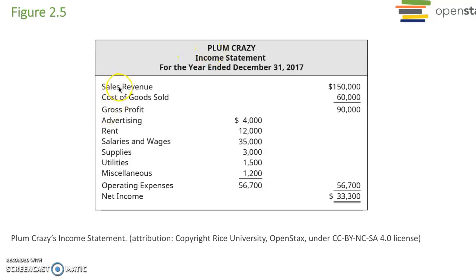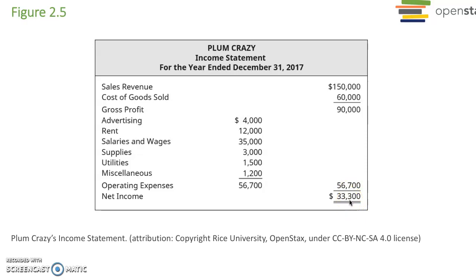Again, we start with sales revenue and then reduce it by cost of goods sold. And the difference between 150K and 60K is called gross profit. The other name for gross profit that is used interchangeably is gross margin. Operating expenses are listed below gross profit, and the difference between gross profit and total operating expenses is their operating income.